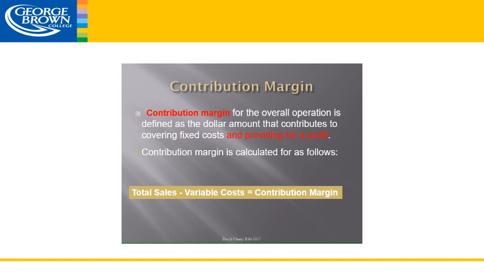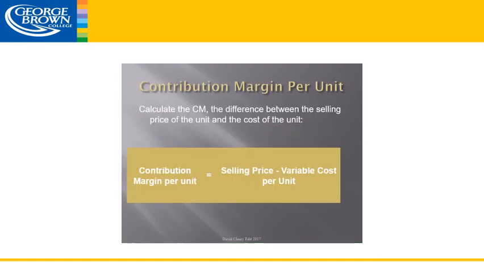And we use our contribution margin or different variations of our contribution margin in break-even analysis. So again, total sales minus variable cost equals our contribution margin, or you could even say that your sales price per unit minus your variable cost per unit would equal your contribution margin per unit.